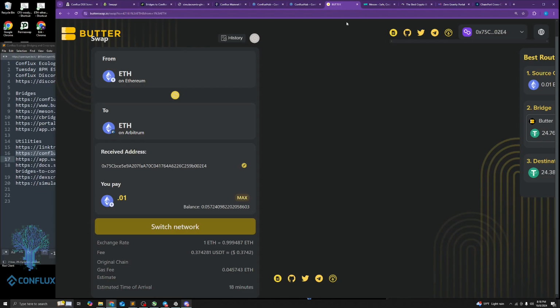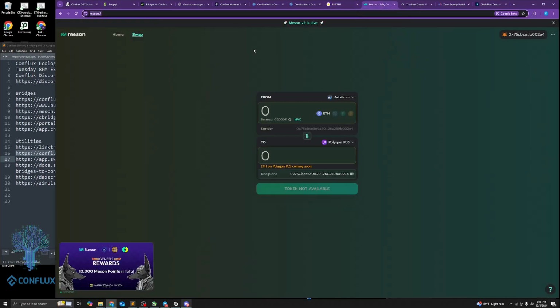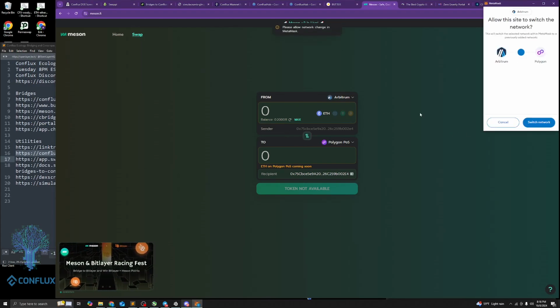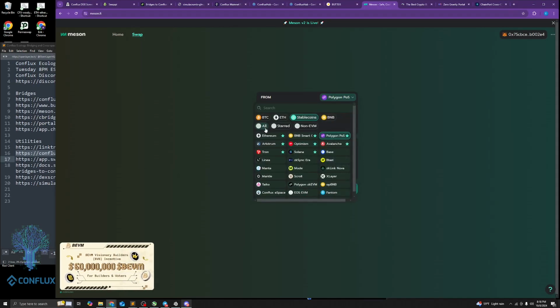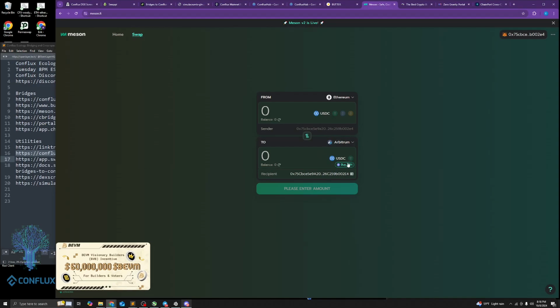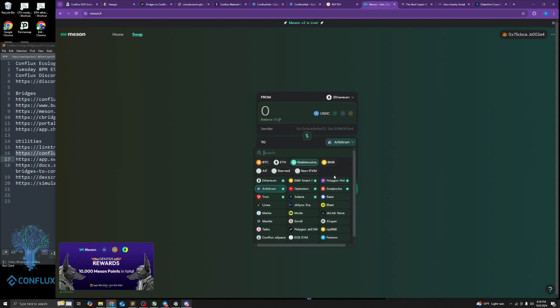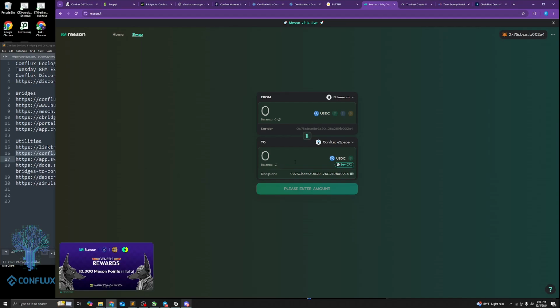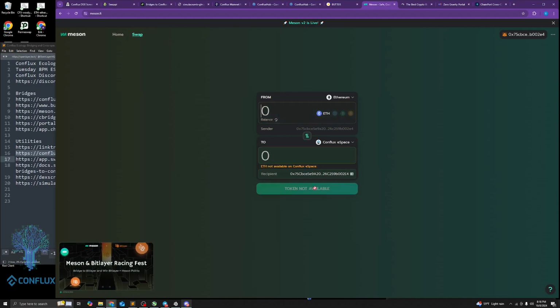But in this case, what I can do is go to our other partner bridge, meson.fi, and check the same swap, essentially. My bad. I want to go from Ethereum. I want to go to, let's check direct to Conflux with my ETH.